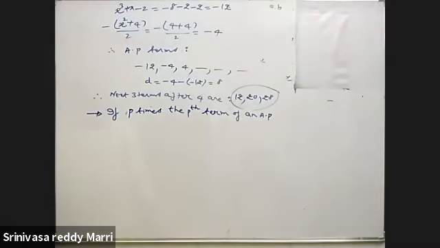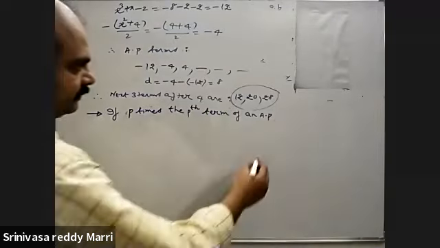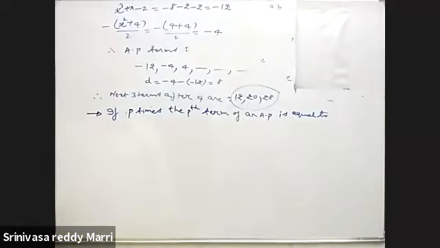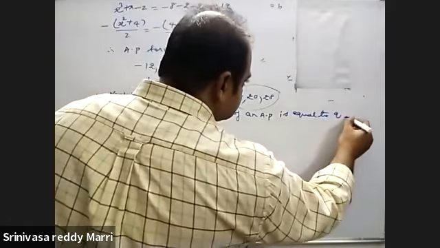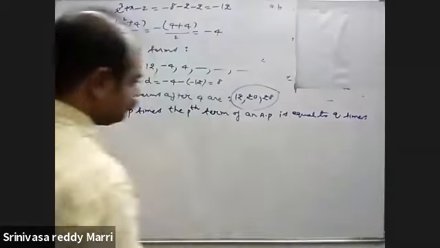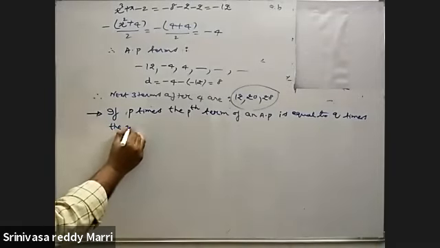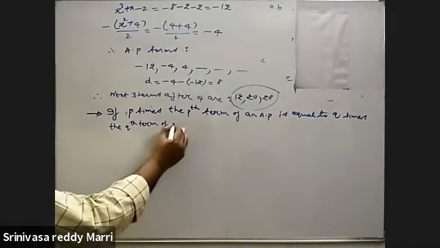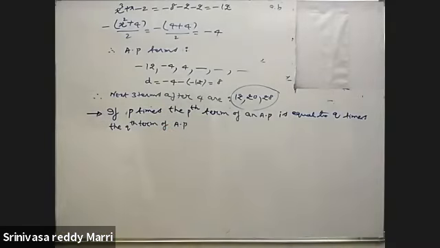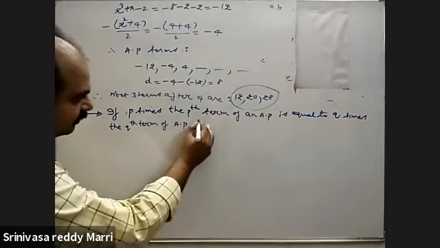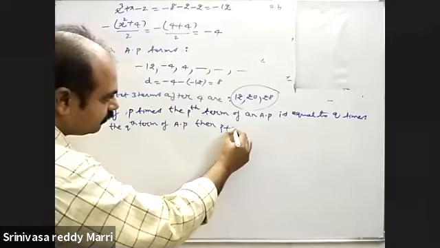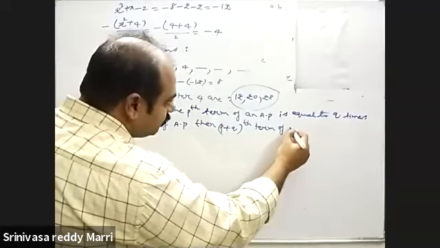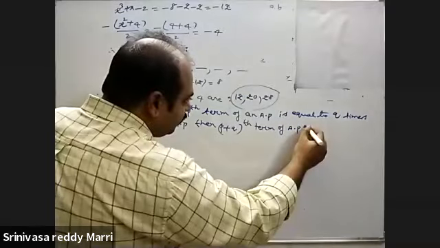If P times the pth term of an AP is equal to Q times the qth term of the AP, then the P plus qth term of the AP is dash.